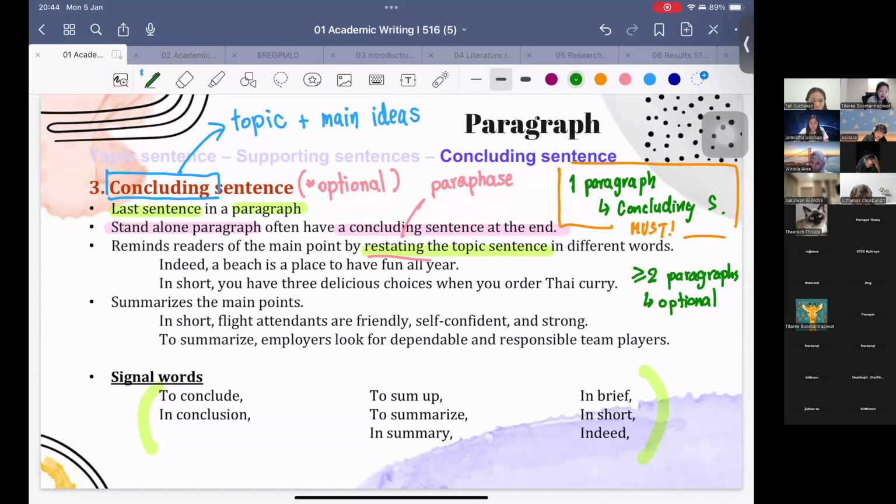To conclude everything, technically what you write is that you provide the topic and the main idea. When you summarize in the concluding sentence, you provide the topic and main idea.